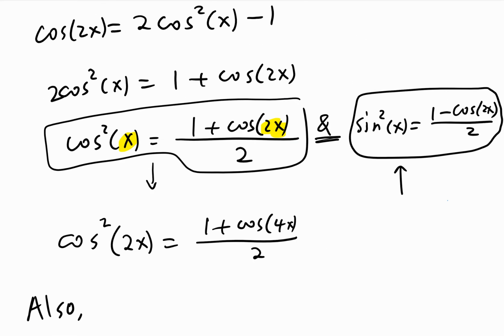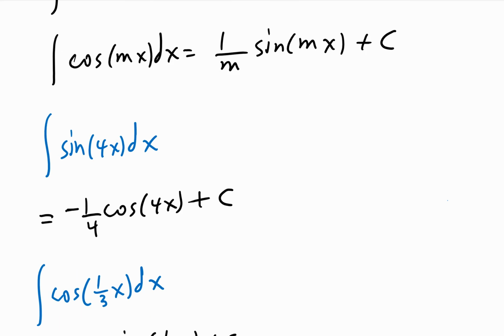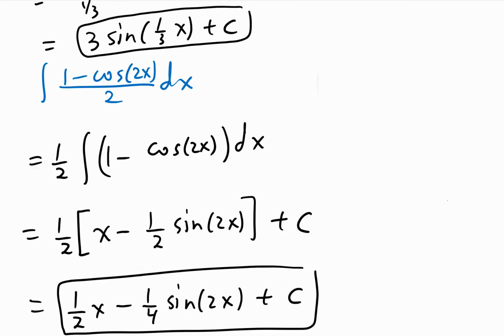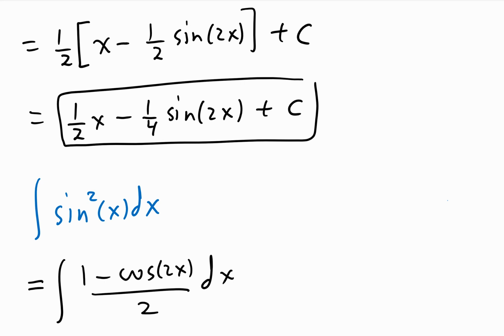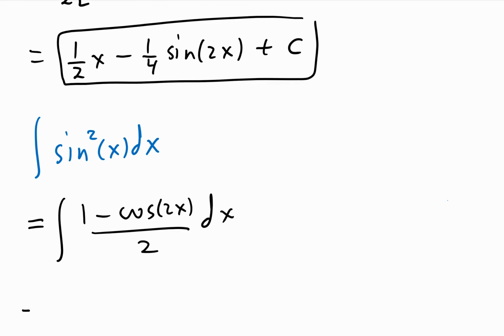Sine square is 1 minus cosine 2x over 2. So it's the integral of 1 minus cosine 2x over 2 dx. And notice this is the same as the previous example, which gives us 1/2 x minus 1/4 sine 2x plus c.